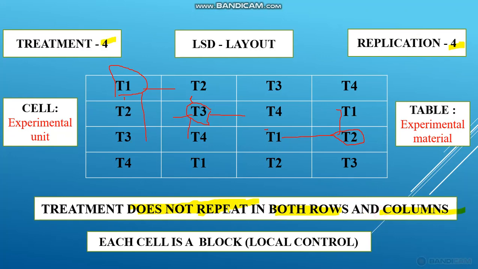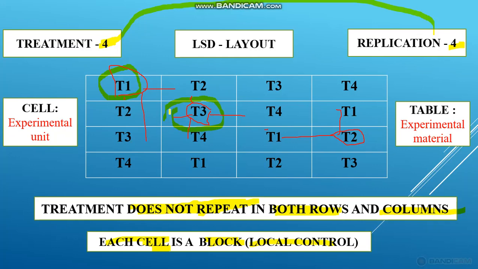And very important is that in LSD the treatment number will be same as replication number. Here each cell is a block. There is local control. So each cell is a block.